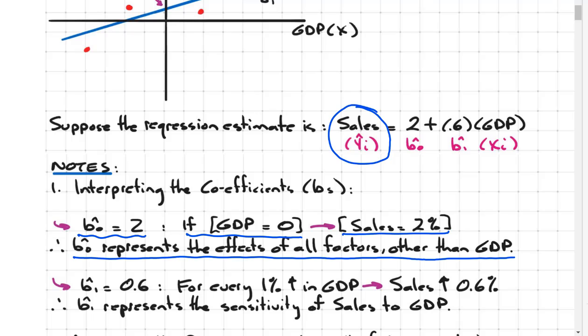The changes in consumer income, demographics, etc. But the only thing that this regression equation has for explanation is GDP. But like I said, we know there are factors other than GDP that drive corporate sales. So where is the effect of those other factors incorporated into the regression? Well, if this part captures the effect of GDP, then this must capture the effect of all other variables on sales.